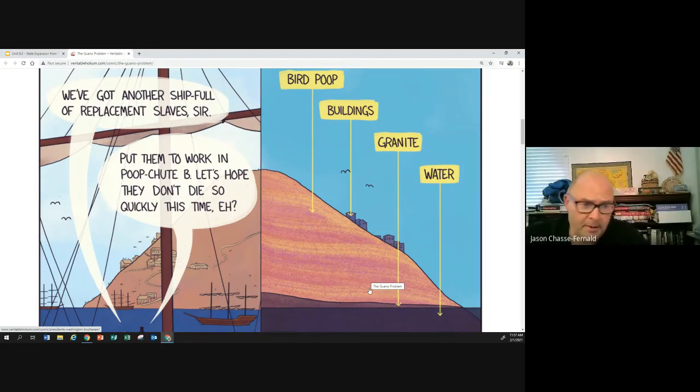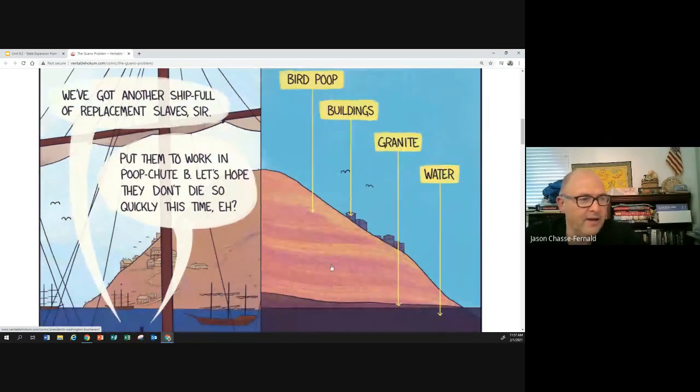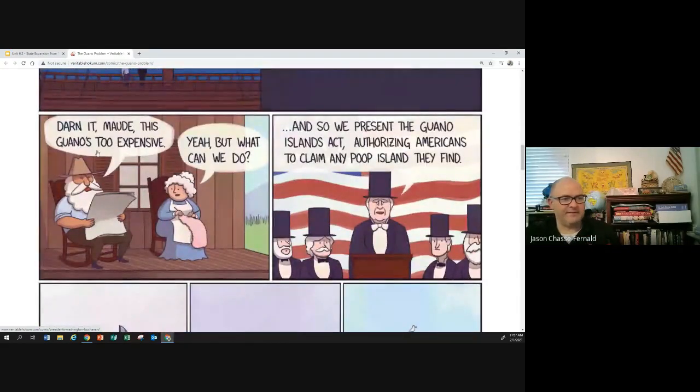Hence, bird poop can build up over tens of thousands of years and harden into almost a stone-like thing. So when we talk about miners, like replacement slaves, they're literally mining guano on these islands. So guano becomes a major thing.